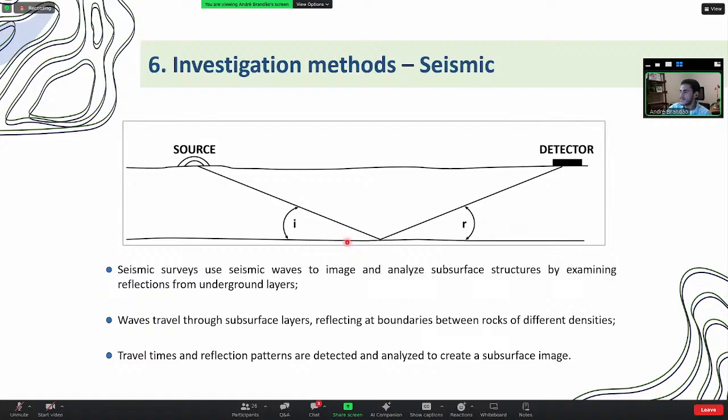It gets reflected from a surface below the ground, and we have a detector that will see what the intensity was and how long it took for the wave to return. Everything is well documented and analyzed, so we can create an image of the subsurface.